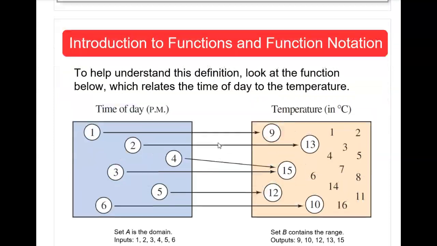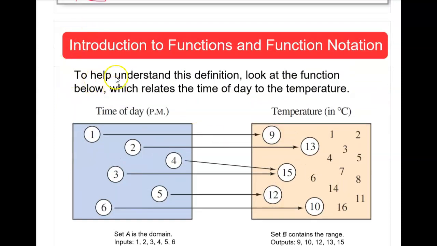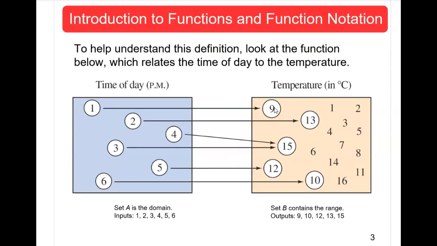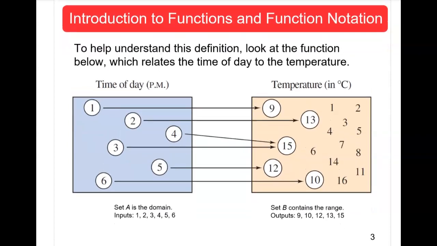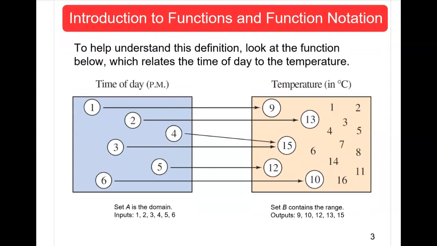So let's look at the one here. We have another example. In the first set, the square on the left is showing us the time of the day. So this is going to be the domain. And you already know it's going to be the set of all inputs. Well, you could see that here.